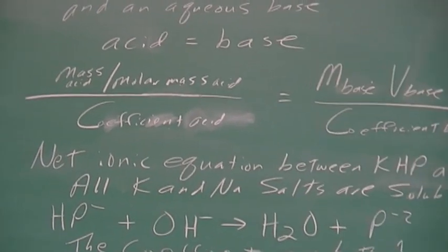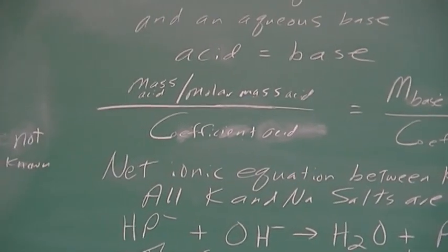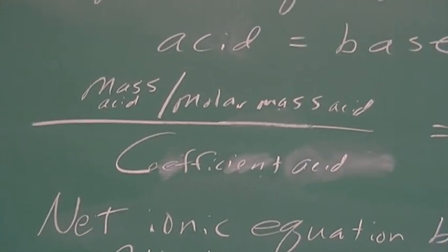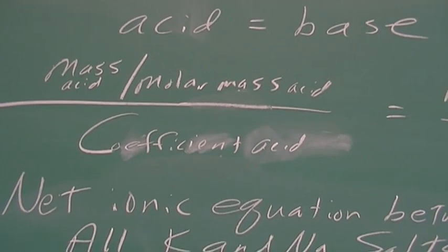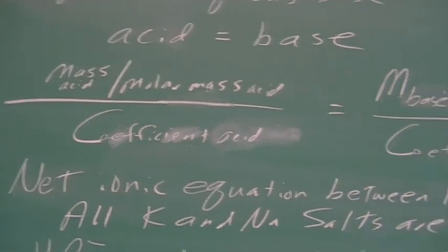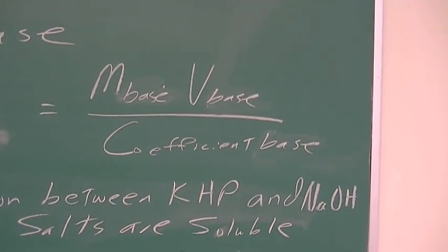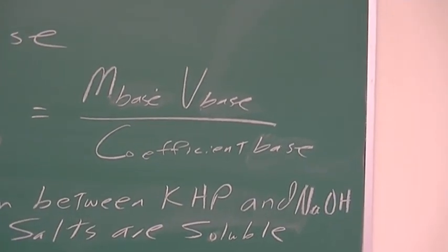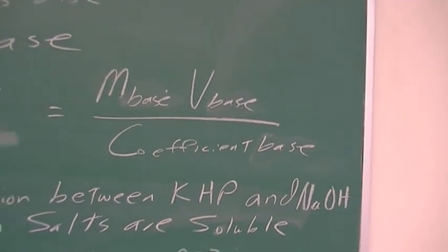For the solid, you take the mass of your acid, divide by the molar mass of the acid, and divide that by the coefficient of your acid. For the base, since it is a solution and we have a molarity, you take the molarity of your base times the volume of your base divided by the coefficient of the base.